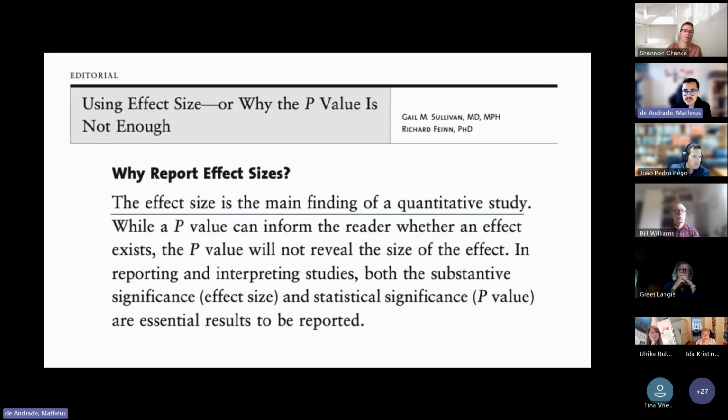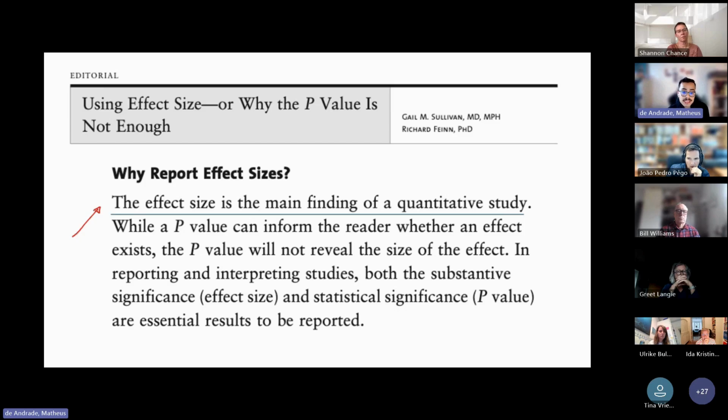There's an interesting editorial in the Journal of Medical Education, and they state very categorically that the effect size is the main finding of a scientific study. They contrast it with the p-value, saying that it is the effect size and not the p-value that really helps other people build on your research.